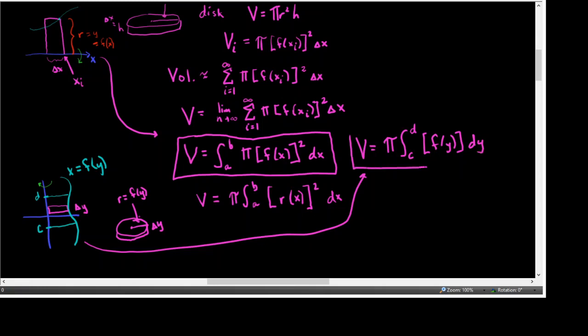Okay, that's that specific situation. In a more generalized sense, when we're revolving about any vertical line, it's going to be basically this, where the radius will be some function of y squared dy.